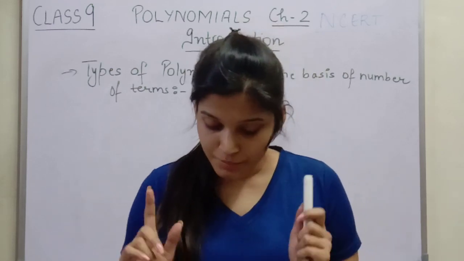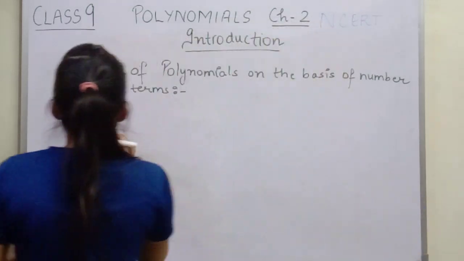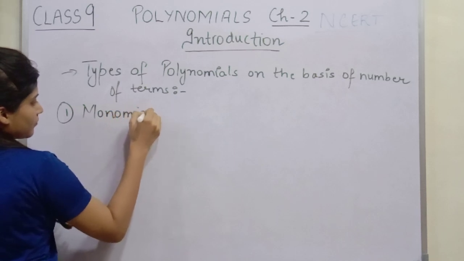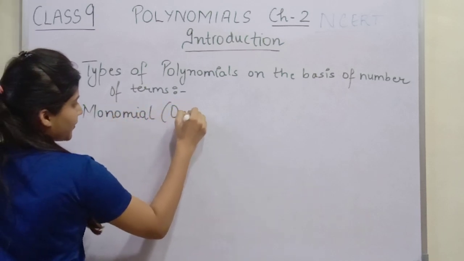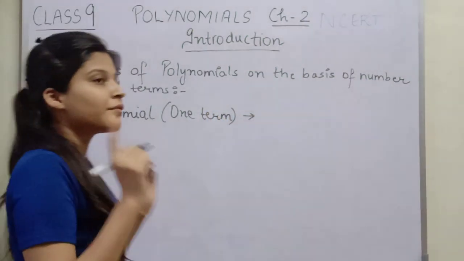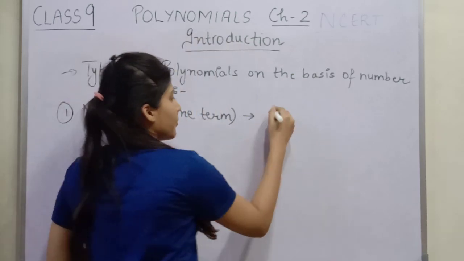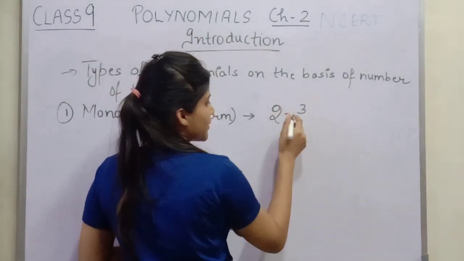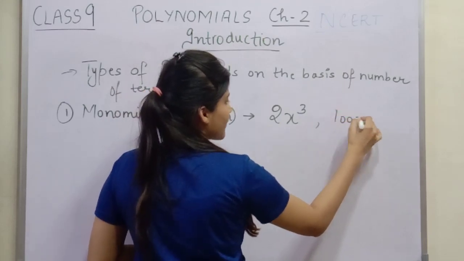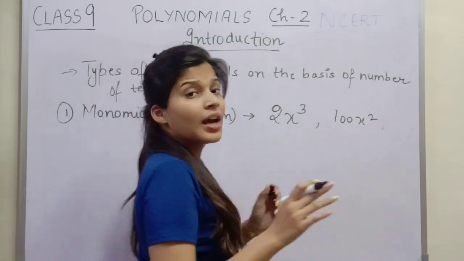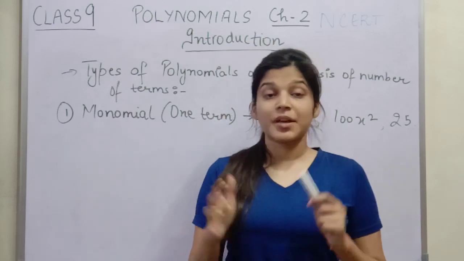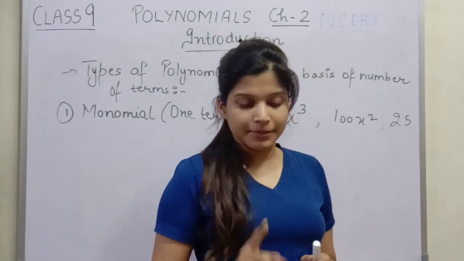So the first one is monomial. Monomial means one term. So the polynomial which has only one term, they are monomial. So like 2x cube, this is a monomial expression. If I talk about 100x square, so these are all monomial expressions. Or if I write 25, this is also a monomial expression because they all have one term.